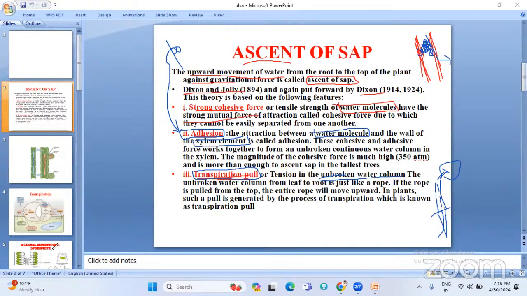First of all, this unbroken water column is formed by which force? I am not asking about the upright direction, only the water column formation. The unbroken water column is formed by which forces?